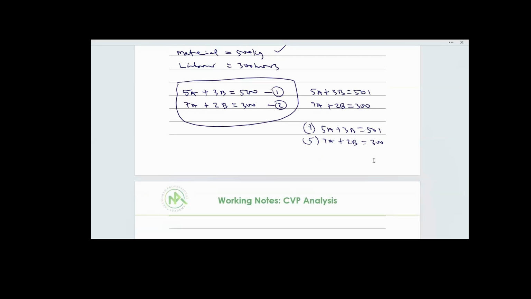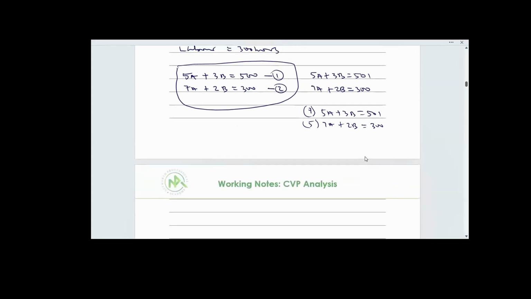When you want to solve for the second constraint, which is labor, I would do the same thing as you have done here. So in this case, you say 5A plus 3B equal to 500, or you can start with the second constraint, it doesn't matter.